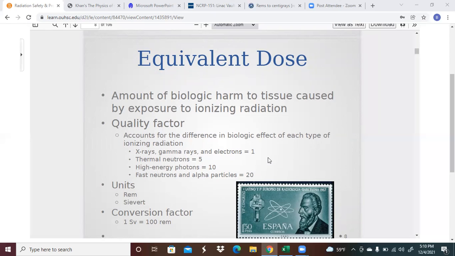Thermal neutrons are going to be given a factor of 5. High energy photons are going to be given a factor of 10, and fast neutrons and alpha particles are going to be given a factor of 20. So again, the higher the factor here, the more damage they can do within the body. The units here are going to be rem or sievert. So 1 sievert is going to be equal to 100 rem.